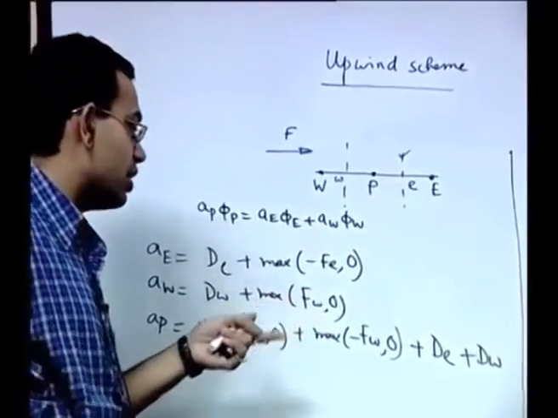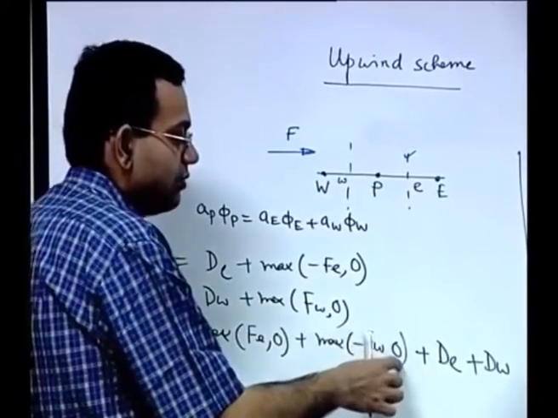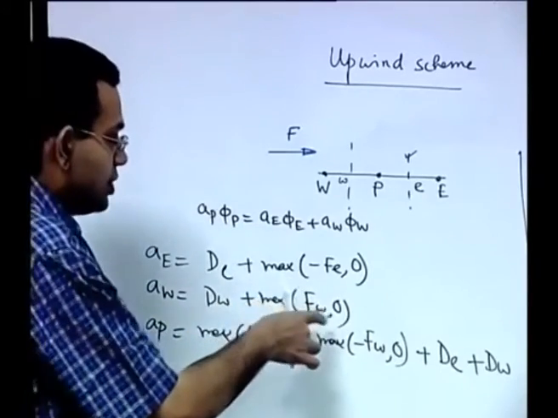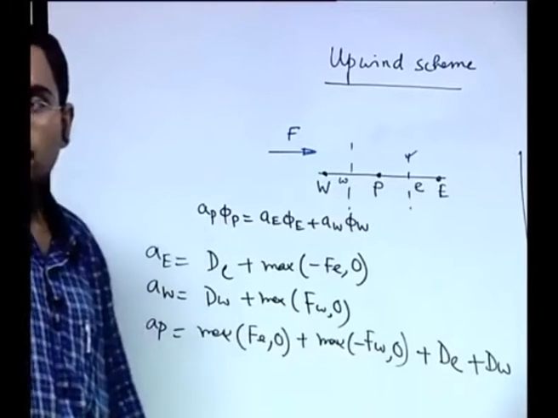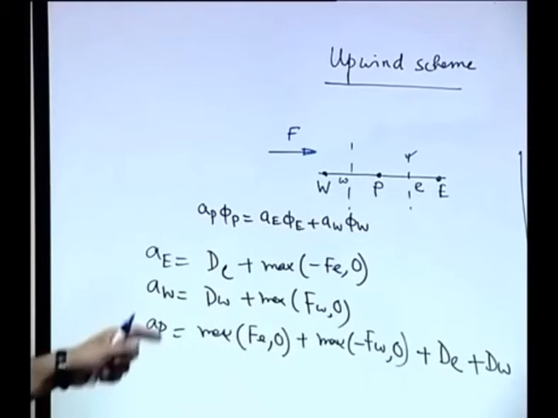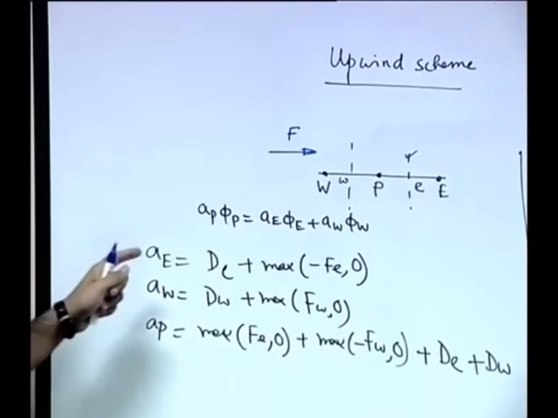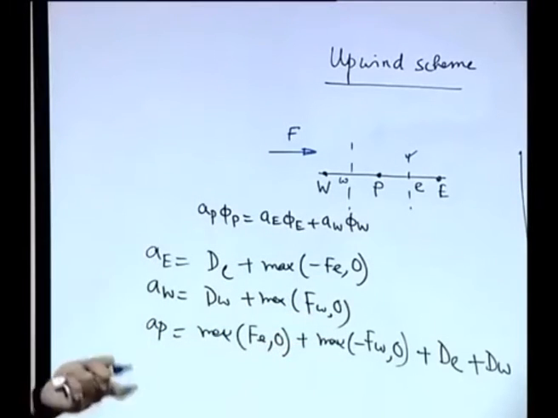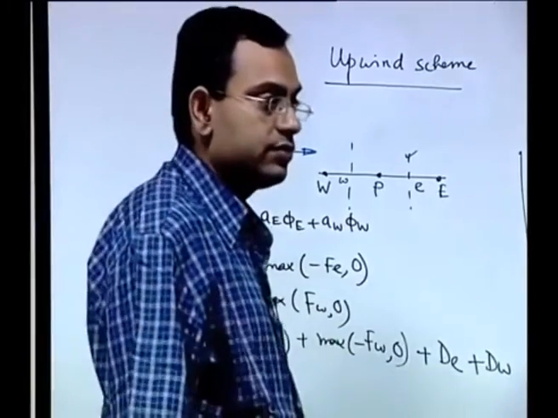Similarly you will have max of minus F_w, 0, and max of F_w, 0 and max of F_e, 0 also imply a similar thing. So what we can conclude is that the problem of having some coefficients with a different sign than the other coefficients will not be there at all. So this upwind scheme is physically consistent.